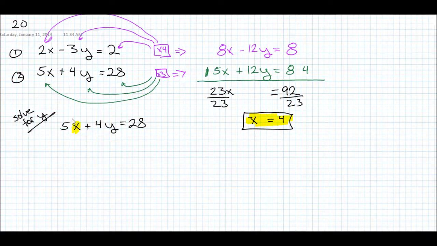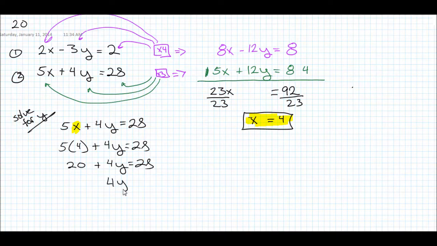So we can plug that in right there. So we can rewrite this equation as 5 times 4 plus 4y is equal to 28. So that'll simplify to 20 plus 4y is equal to 28. Minus 20 on each side. So we're going to get 4y is equal to 8. Divide each side by 4. So y is equal to 2.